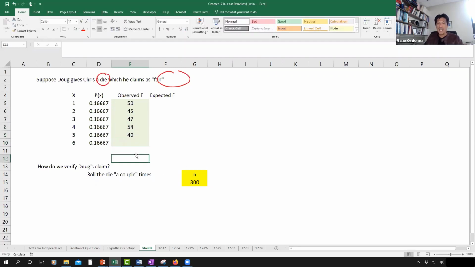I'm going to cheat a little because I want to make sure the sum of the frequencies is equal to 300, after all, we're rolling this die 300 times. So what's missing here would be 64. These are what we call the observed frequencies.